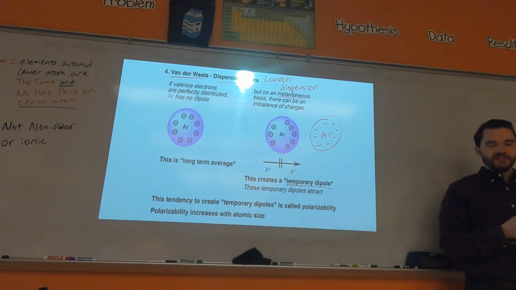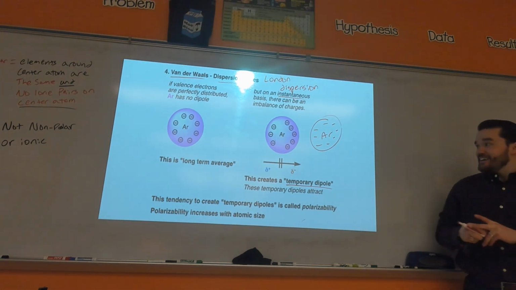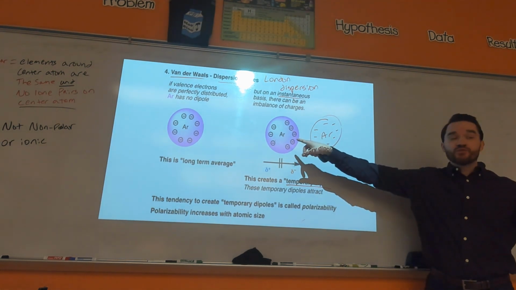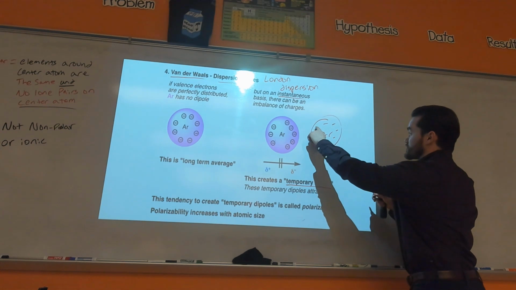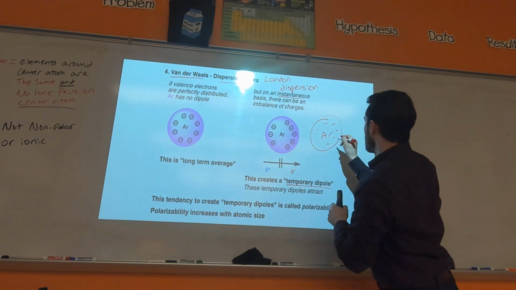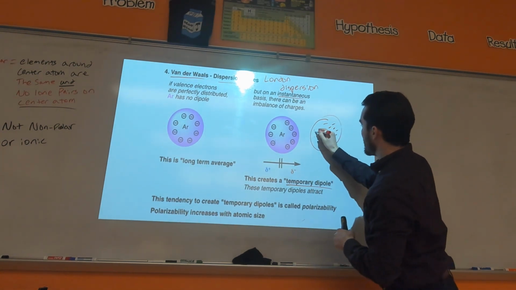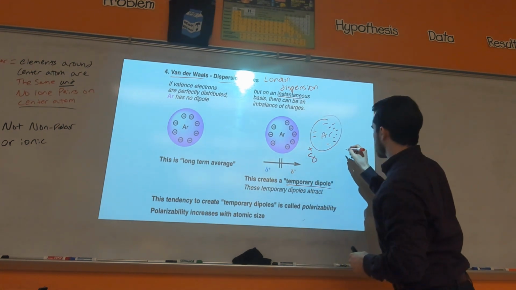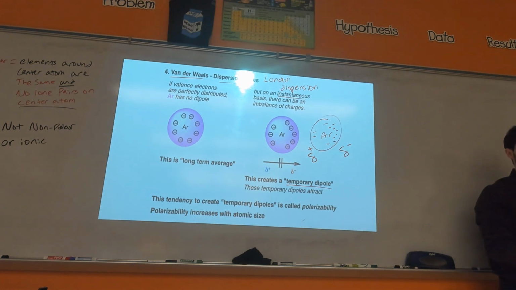Would it pull from the original argon? Yeah. Because there's a partial negative charge here, electrons want to get away from this negative charge. So these electrons are going to move over here to get away from the electrons here. So this molecule will get a partial positive here and a partial negative there.